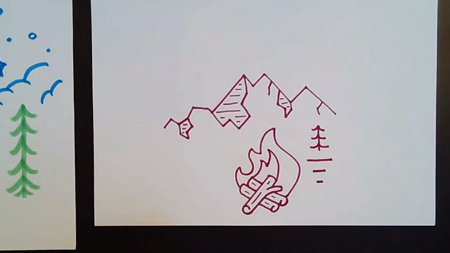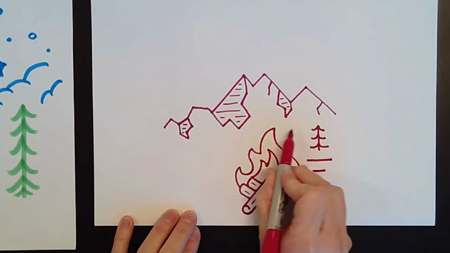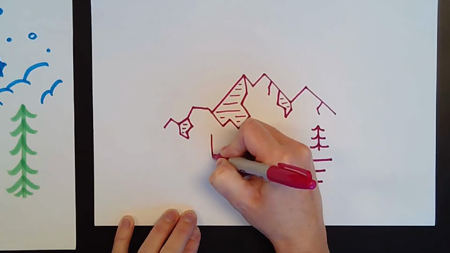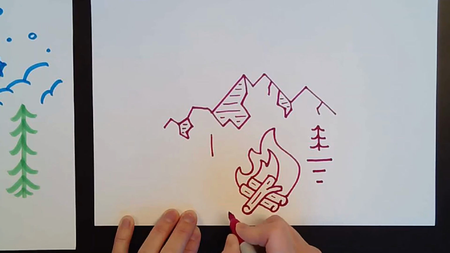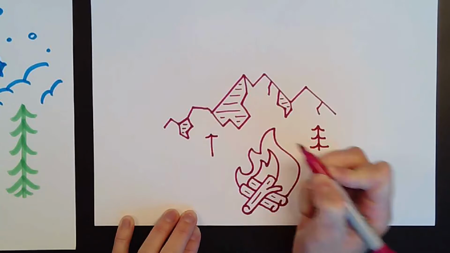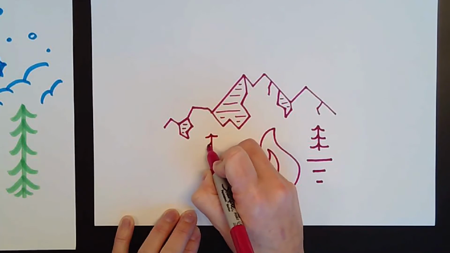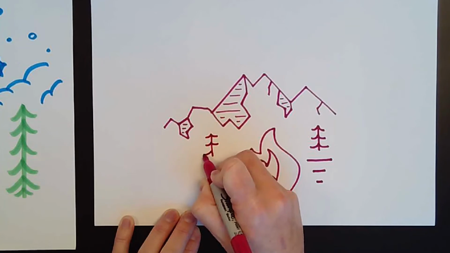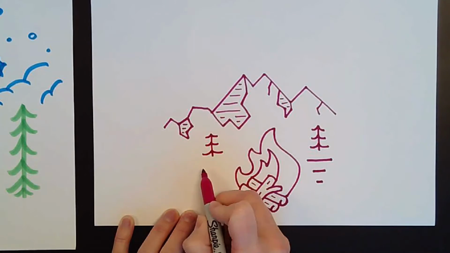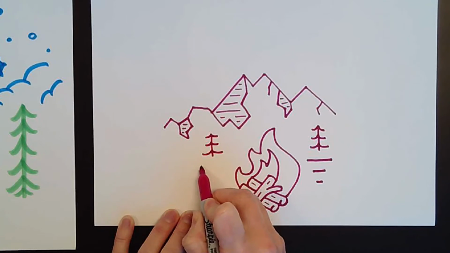I'm going to do the exact same thing over here on the other side. I'm going to draw a vertical line down on the other side of my campfire with those little smiley face lines. And then I draw the 3 horizontals.